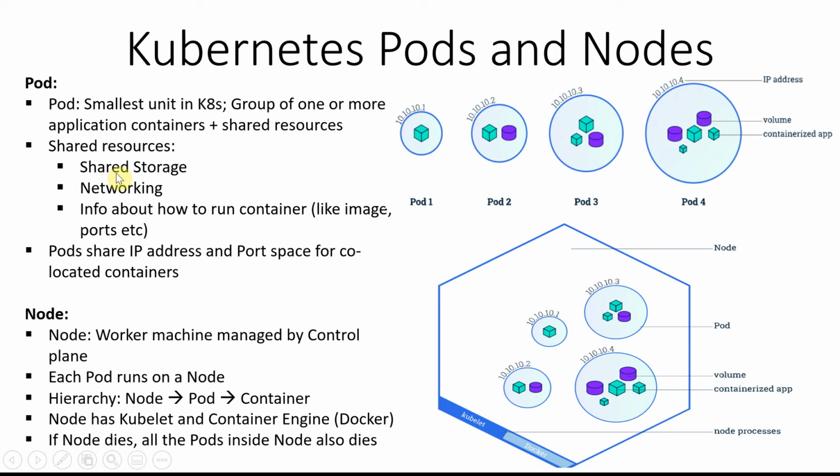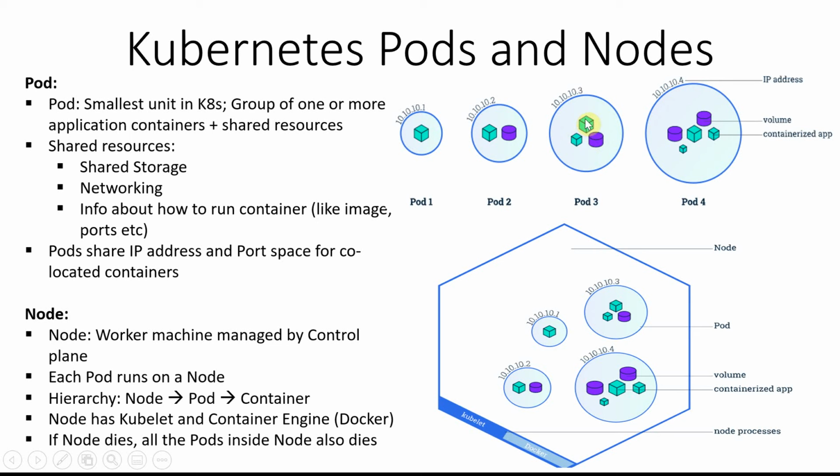In a pod, the shared resources are storage and networking. Storage is a shared resource because, for example, if there's 5 GB of space allocated to this pod, you are sharing the 5 GB between these three containers. Networking is also common, so they can talk to each other.